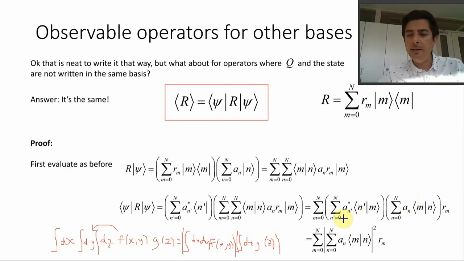And what you'll notice here is that this thing is exactly the complex conjugate of that thing. So in fact, we can just write one of them and then take the mod squared, because that's what complex conjugation means. So we can write this in a slightly simpler form like this.